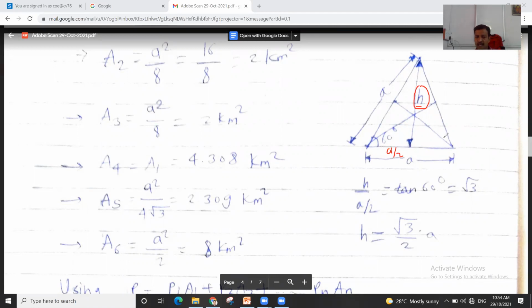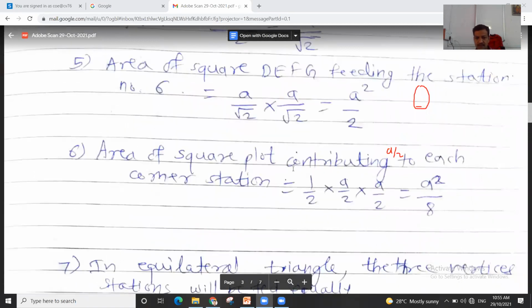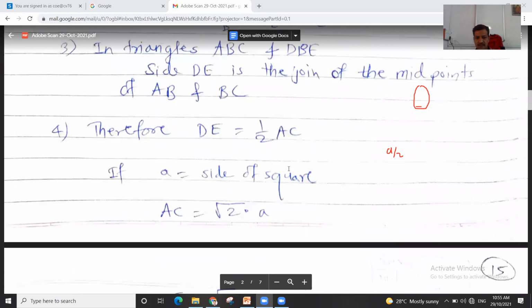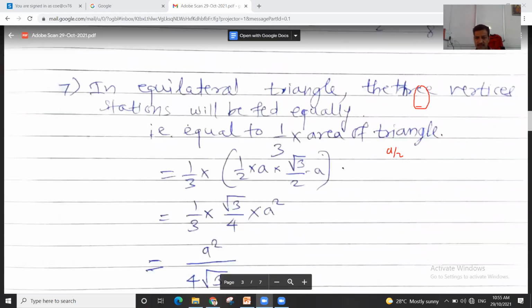त्यावरनं the area of triangle काढलेला आहे. इथे मागे आपण ते काढलं होतं पहा. This area of triangle. The root 3 by 2a is the height of the triangle h. H झालं root 3 by 2 into a. h काढलं. h कसं काढलं? tan 60.